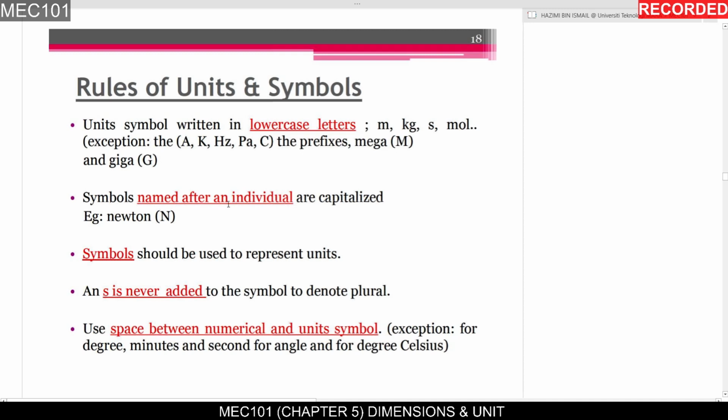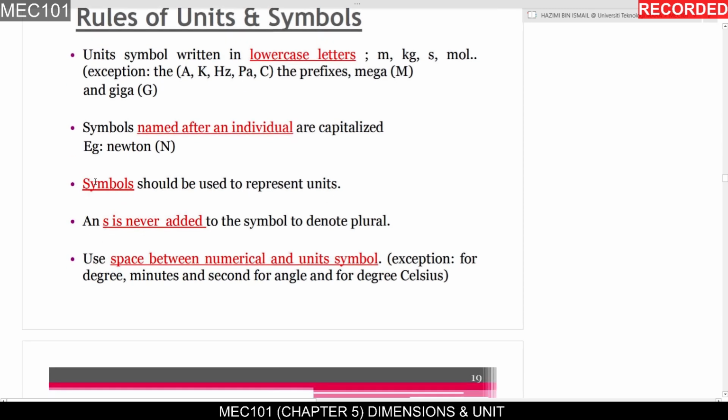The symbol named after an individual is capitalized. Let's say the Newton, N, so this is a capital letter. This also applies to A, ampere. Ampere is also the name of a scientist. Kelvin is also a name of a scientist, and also Hertz, Pascal.